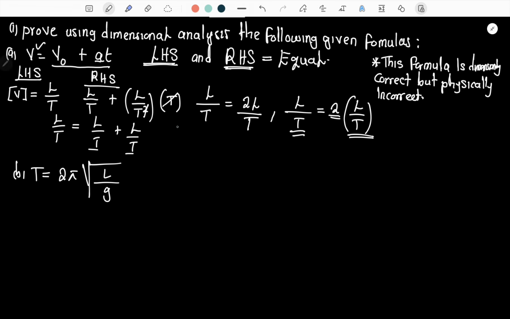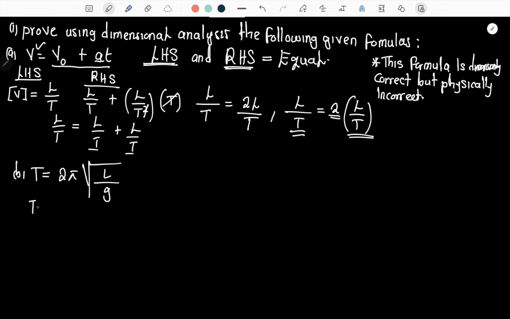In other words, things like 2 pi or pi or just any number or theta, these are not recognized under dimensional analysis. They are constants. Henceforth, we won't be able to recognize them.